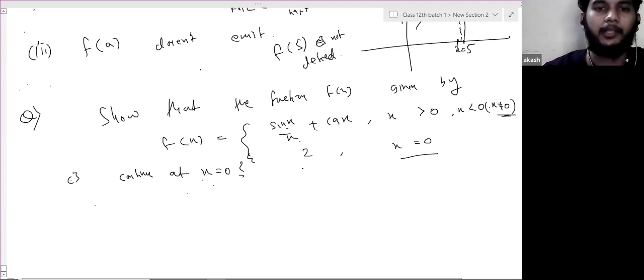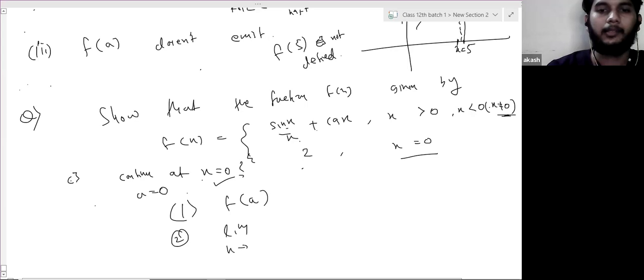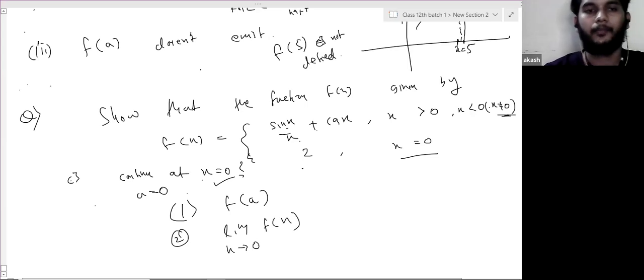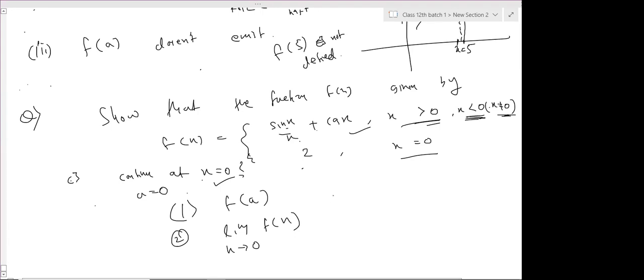We have to find the continuity at x equals to 0. So first thing we have to find f of a, and what is a here? 0. And then we have to find limit x tending to 0 f of x. We don't have to find LHL RHL here. Why? Because we can easily see that LHL and RHL both are equal, right? Same function is given. This is clear, everyone? Yes. Please try to solve this. I'll give you a few minutes.